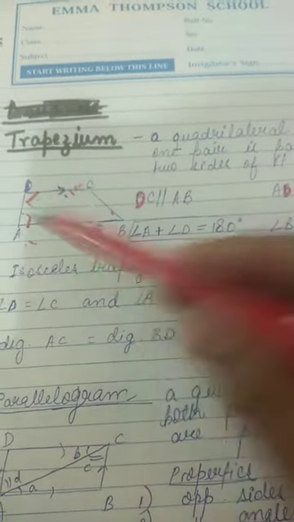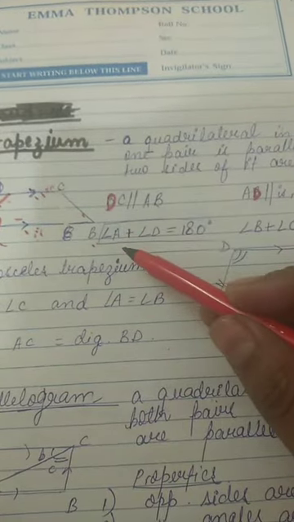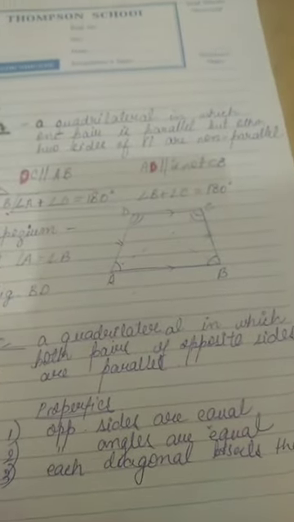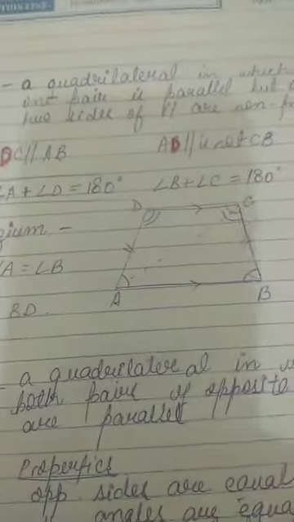The sum of allied angles, or supplementary angles, is always equal to 180 degrees. Angle B plus angle C are also allied angles, so their sum is also 180 degrees, or they are supplementary angles.